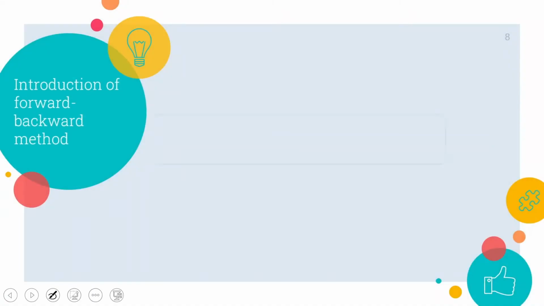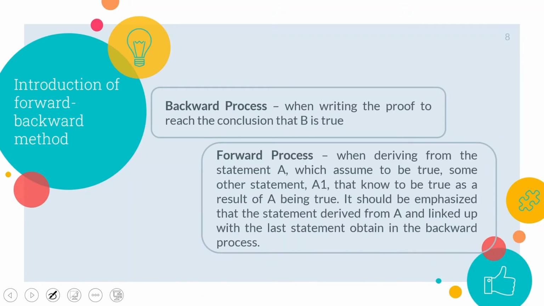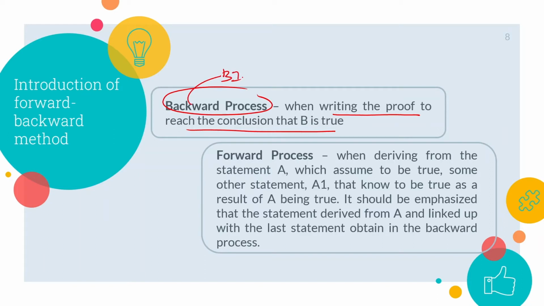Okay, so what are the backward and forward processes? The backward process is when writing the proof to reach the conclusion that B is true. So like I wrote before, you write the proof to reach the conclusion that B is true. Backward is the B process. We're going to B1.